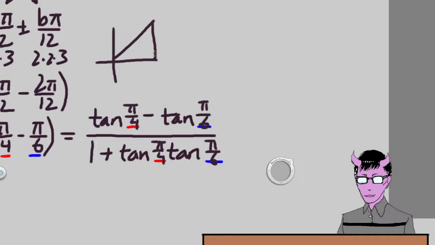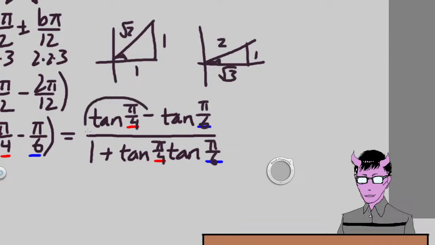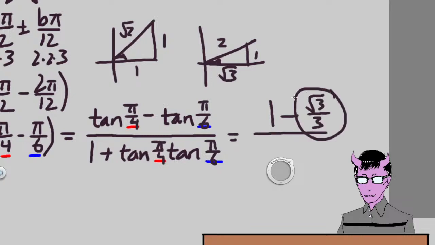This one hopefully is super familiar. Pi over 4 or pi over 6. As you do more and more trig function problems, you're going to get so used to these ones right here. So tangent is just opposite over adjacent, so 1 over 1, and then tangent of this one is also opposite over adjacent, so it's going to be root 3 over 3 by rationalizing the denominator.